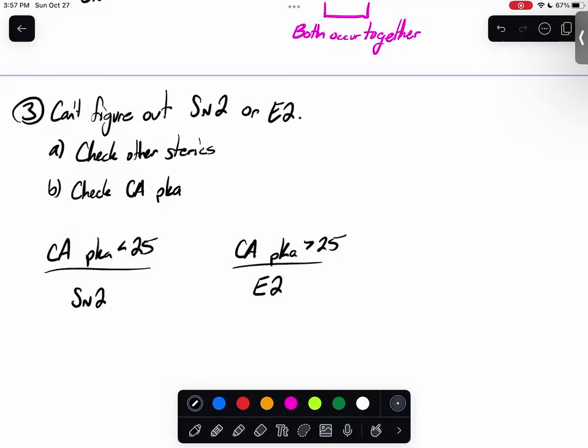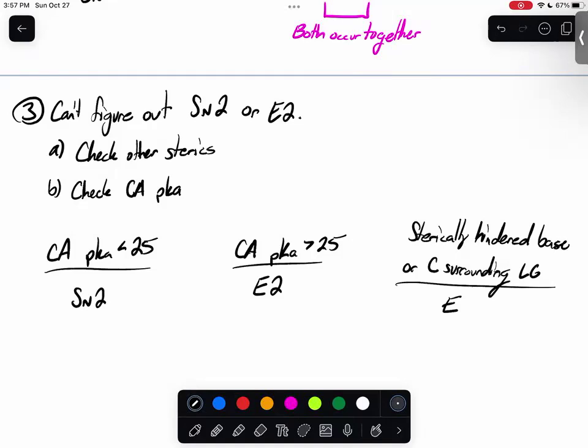The other thing that we need to keep in mind is if it is a sterically hindered base or carbon surrounding the leaving group, it's probably also going to force us to do E2.